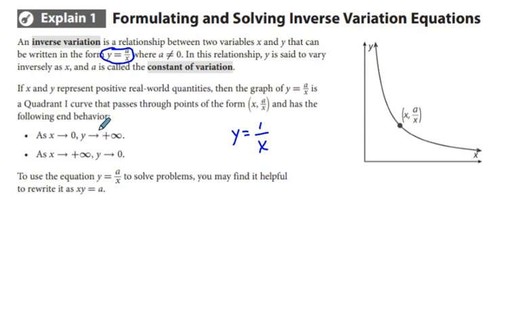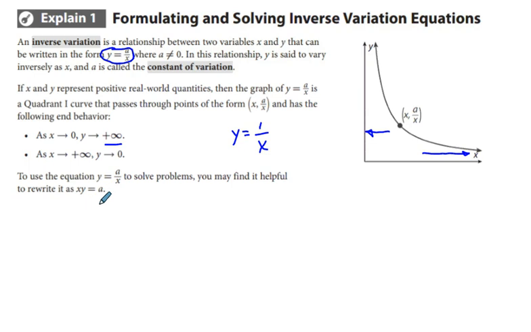And then we have end behavior. This is a real-world, totally quadrant 1 function. As x approaches 0, so as x goes to the left, what does y do? Y approaches positive infinity. As x approaches positive infinity, y approaches 0. As x goes to the right, y approaches 0.